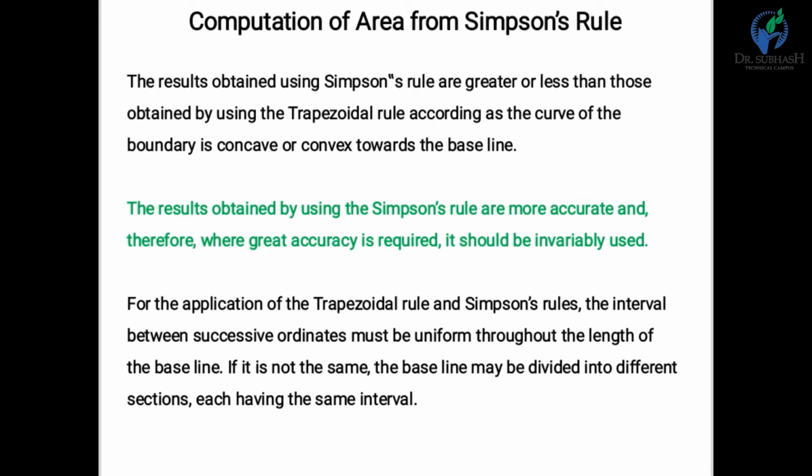So we conclude that the Simpson rule is more accurate than the trapezoidal rule, but there are some limitations of accuracy between them. It depends on the convexity and concavity of the boundary.